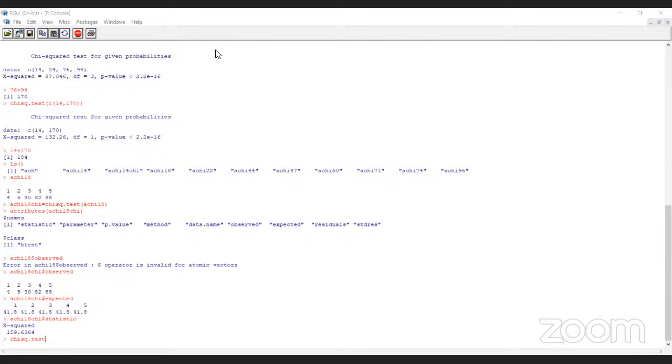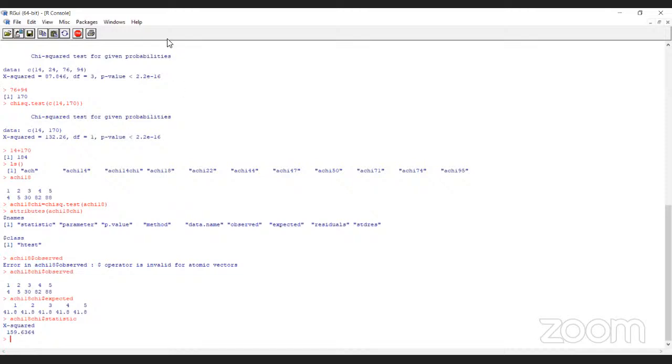So this thing. Okay, then you write down one thing. You write down not the chi-square test to remove it.